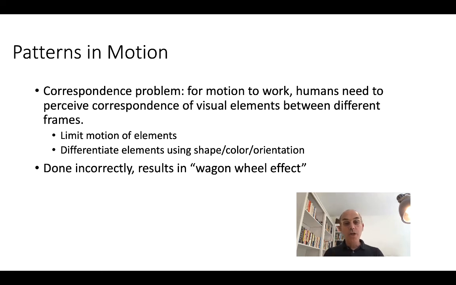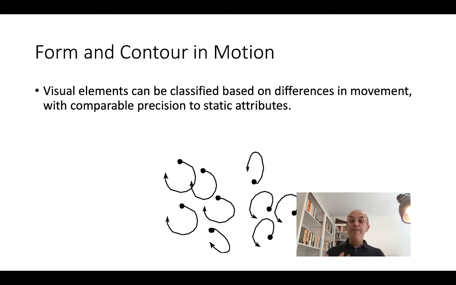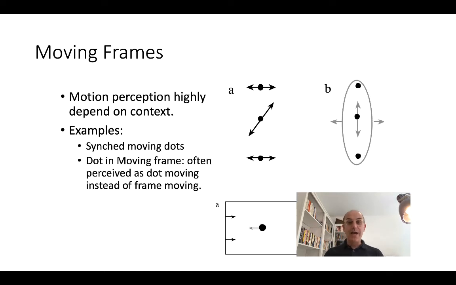Patterns in motion is again the idea of how it works and how to apply it. There are limited and different elements and how we apply them to motion. Vary attributes to make the correction easier and apply it. Form and contour in motion is also part of how we play with the design in order to show that.